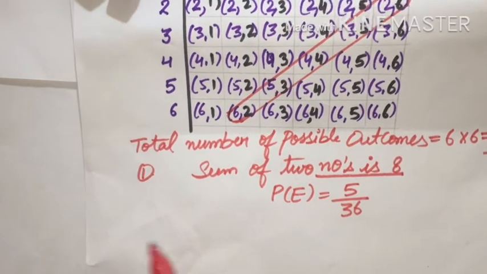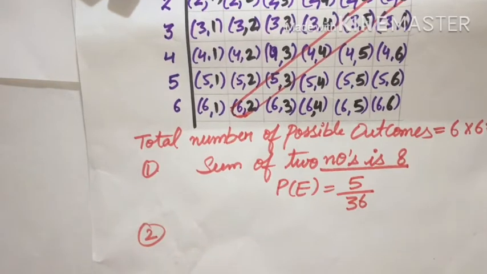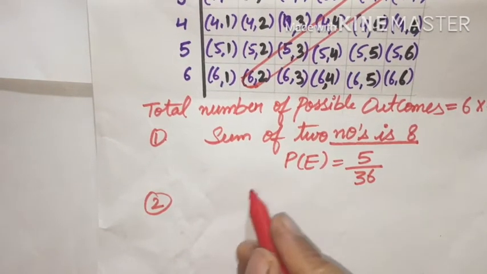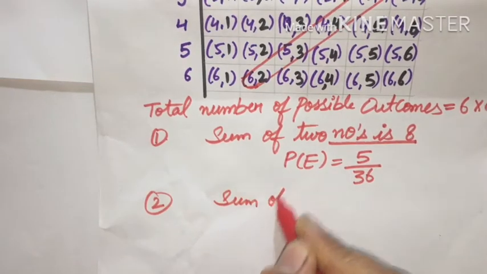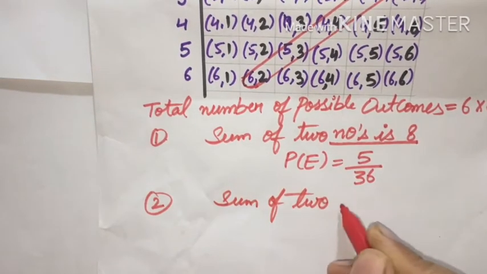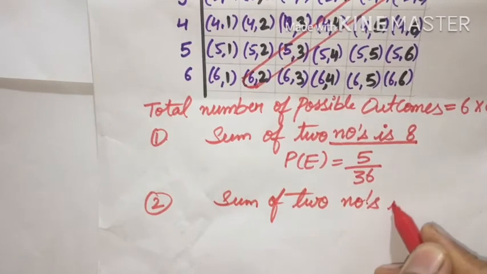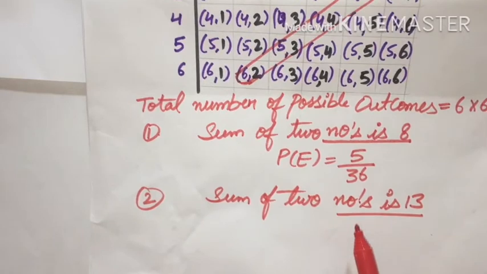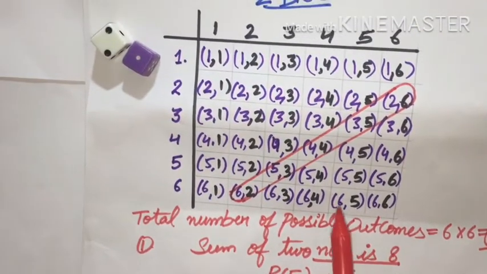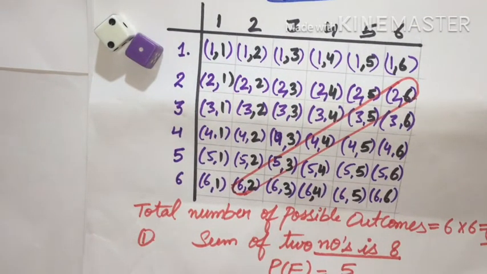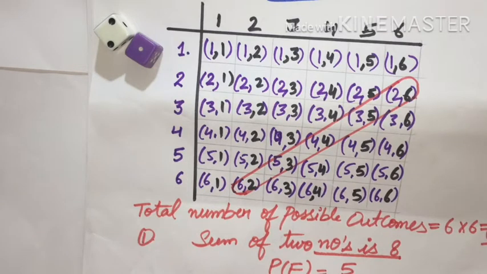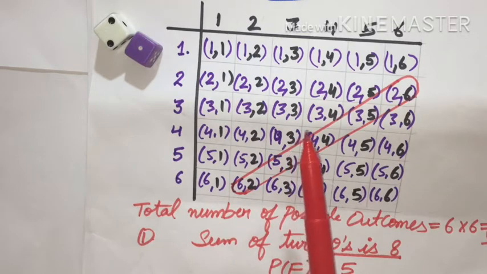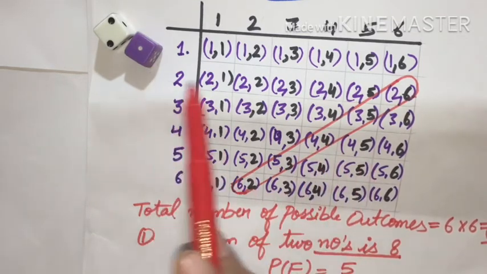Next, let us find the probability that the sum of two numbers is 13. We can check the same table again.